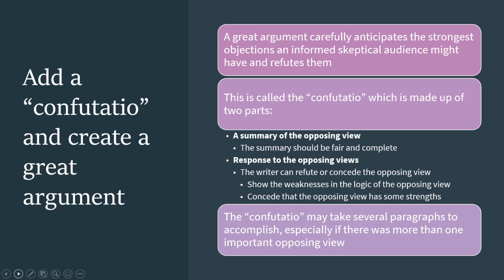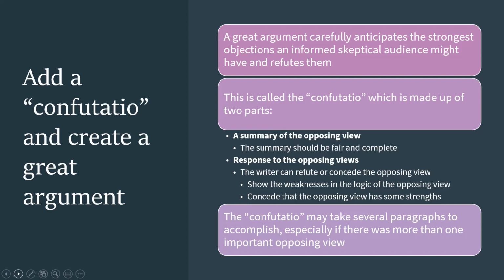So one, show the weakness in the logic of the opposing view, or concede that the opposing view does have some strengths along with the weaknesses. If they only have strengths and there's no weaknesses, then we need to reconsider our own claim. So this is what goes in the computatio. It may take several paragraphs to accomplish, especially if there's more than one important opposing view.